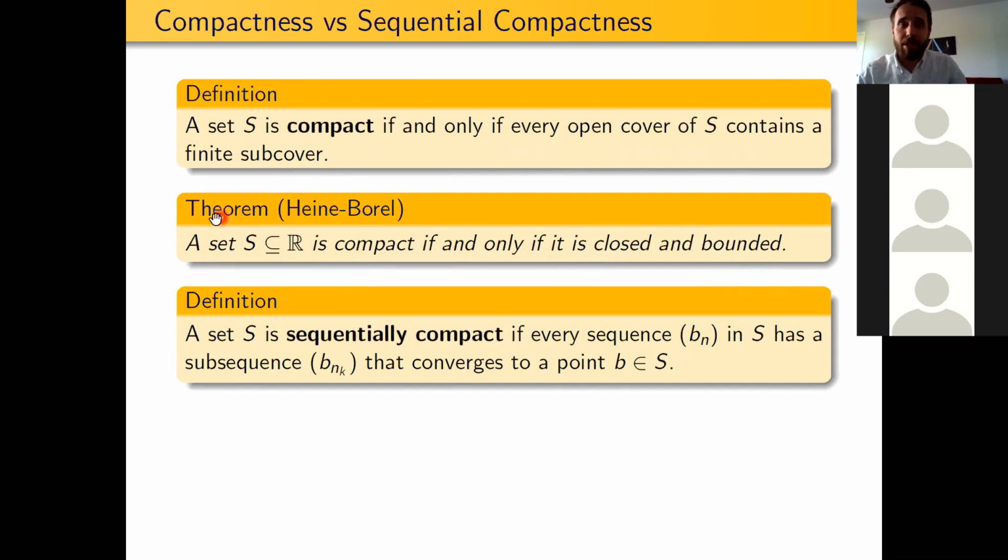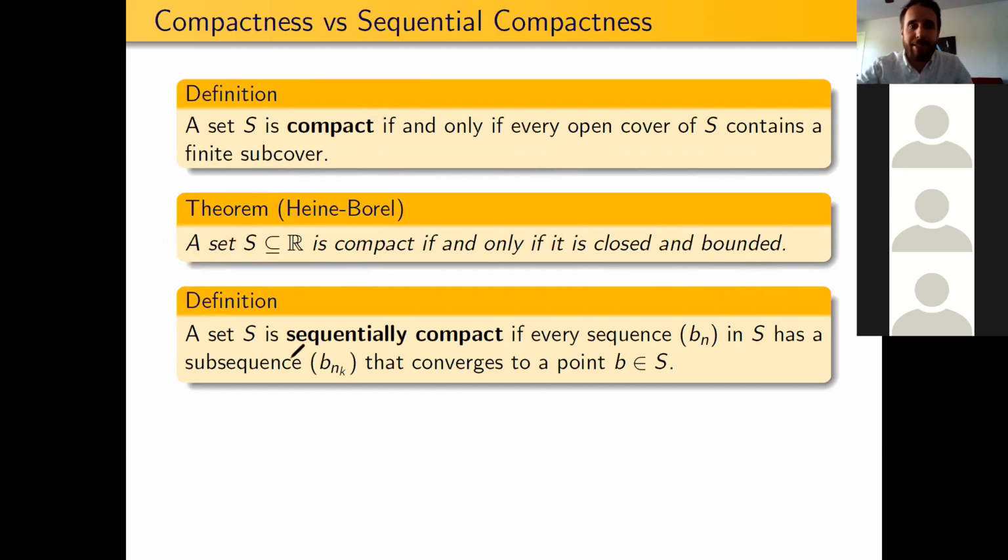Now, that will be the theorem that we use to talk about compactness today. So we won't be talking as much about open covers and finite subcovers. Instead, we will be talking about sets that are closed and bounded. But we need to use this next, related definition about something called sequential compactness.